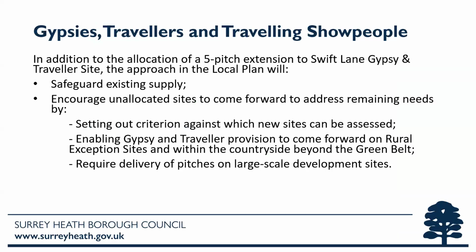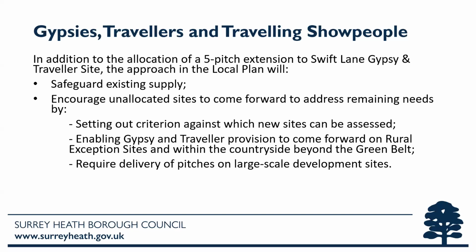Obviously, however, a 5-pitch extension is only going to make a small dent in our overall needs, and a significant shortfall does remain. In view of this, the council acknowledges that it's currently unable to meet the accommodation needs of the borough's gypsy and traveller and travelling show people communities through an appropriate number of site allocations within the Regulation 19 plan.